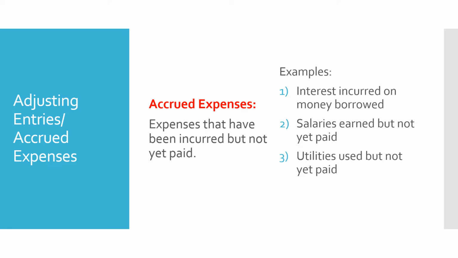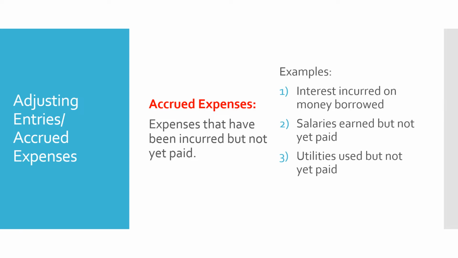Another example is salaries earned but not yet paid. So for example, if we pay our employees for a 5-day work week every Friday and the end of the month falls on a Tuesday, our employees will have worked Monday and Tuesday, the last 2 days of the accounting period.